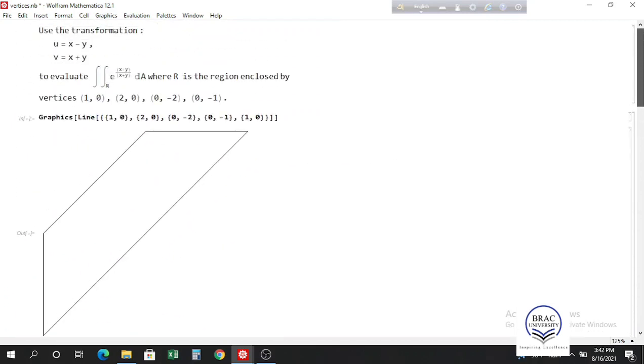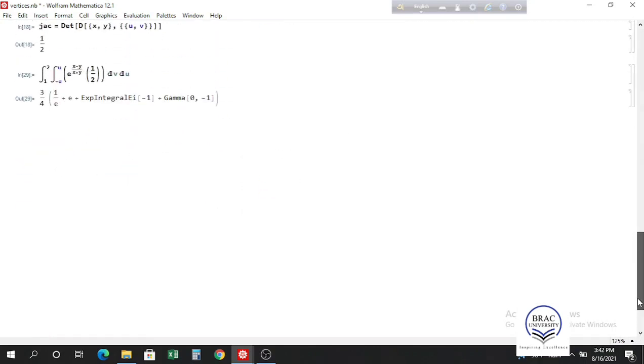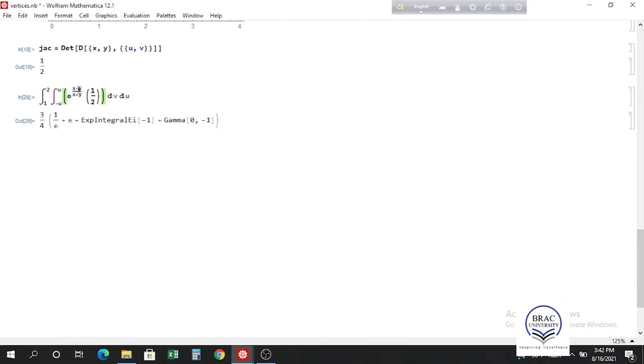Let's change the expression to e to the power x plus y divided by x minus y. So if we integrate e to the power x plus y divided by x minus y, let's see what we get. So we get something real.